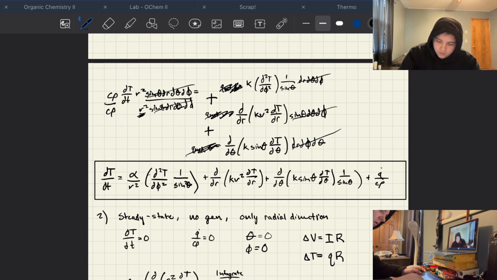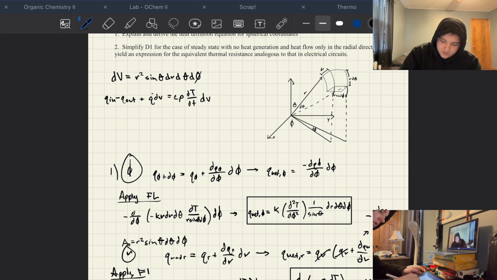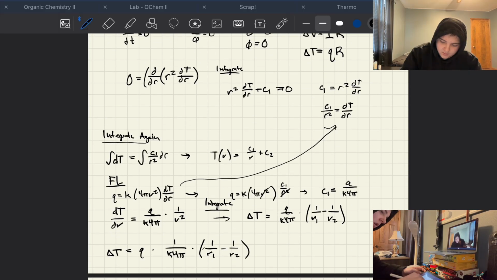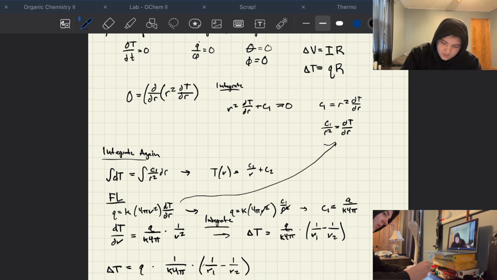Okay, so we have up here our voltage equation. Where is it? Oh, right here. So here we have our voltage equation of delta T is equal to Q times resistance. So we have delta T is equal to Q times this whole quantity, which is just going to be a resistance. So we have Req is equal to 1 times, yeah, let's just write it that way, it'll be easier.